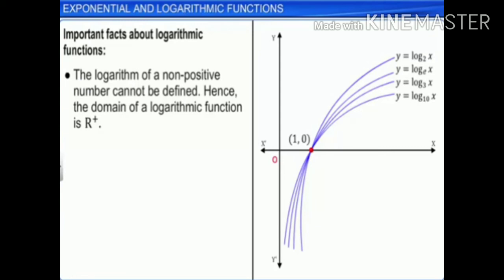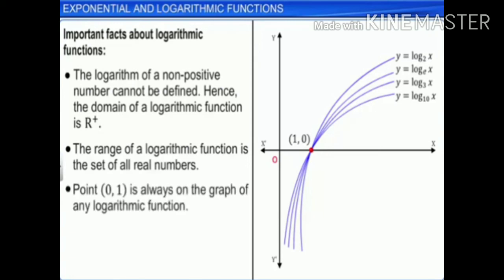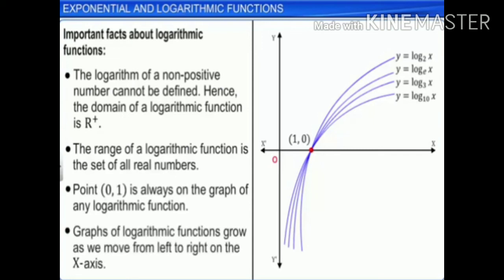Point (1, 0) is always on the graph of any logarithmic function. Graphs of logarithmic functions grow as we move from left to right on the x-axis. Graphs of logarithmic functions are close to the y-axis but never touch it for any small positive values of x.